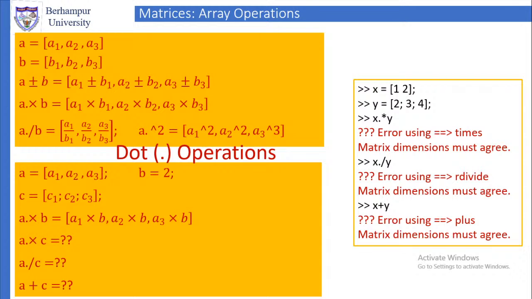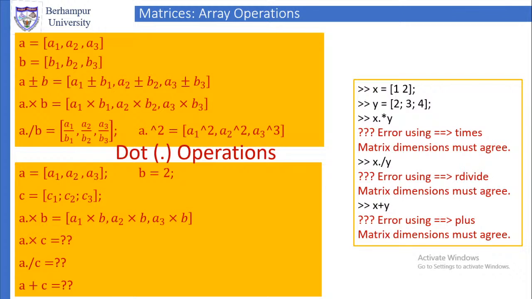As in the summation A1 plus B1 or minus B1, similarly multiplication will be A1 cross B1, A2 cross B2, A3 cross B3. If I write A dot slash B, it will be A1 by B1, A2 by B2, A3 by B3. This is always element by element. Each element is divided by or multiplied by the corresponding element of the other matrix.